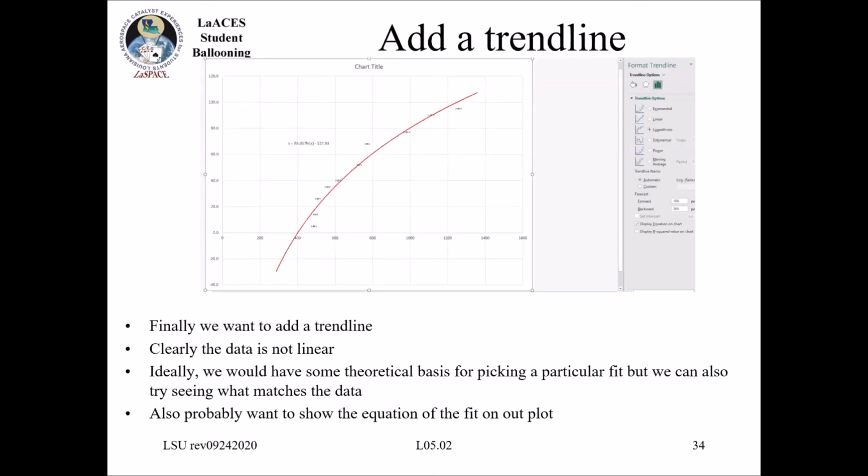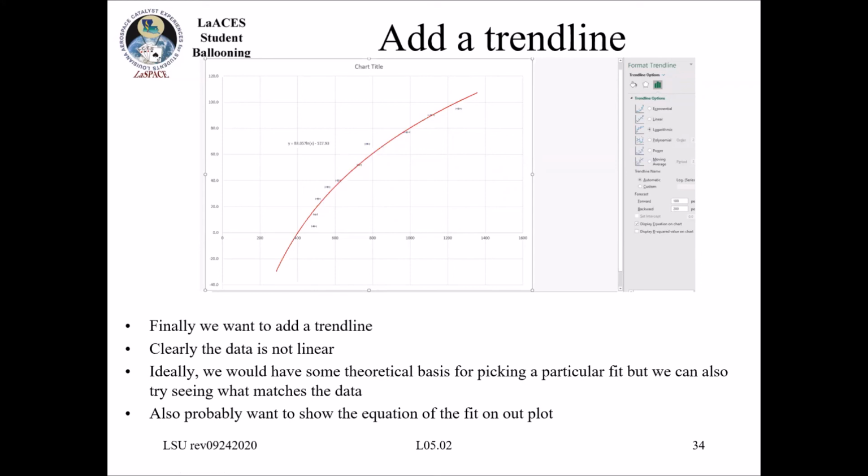So after you've added your error bars, next thing you want to do is add a trend line. If you look at this data, it's pretty obvious that it's not a linear fit. It looks like maybe it could be linear up here, but then it just kind of dips off.